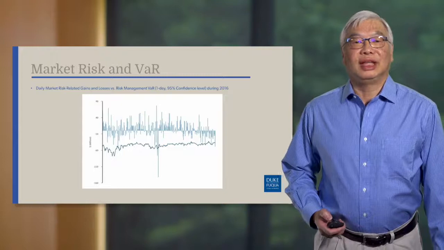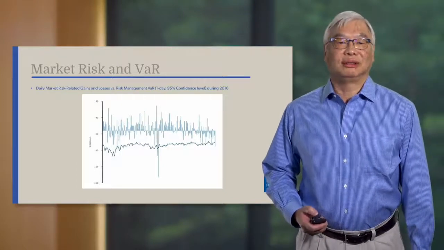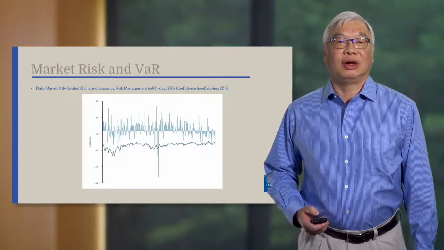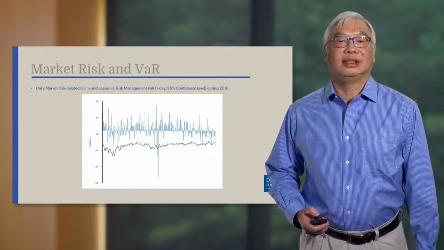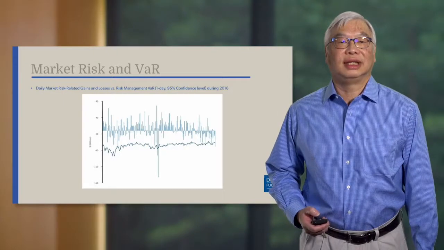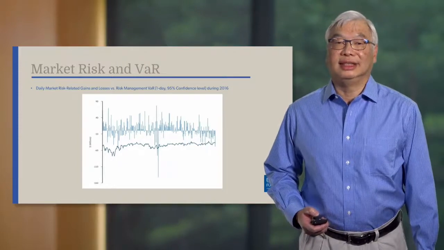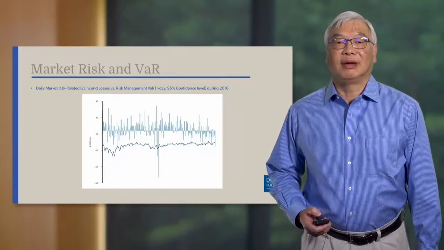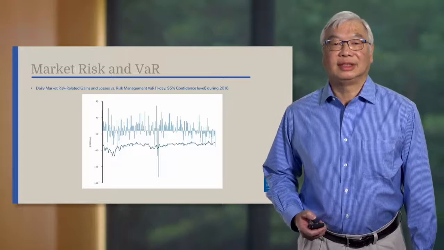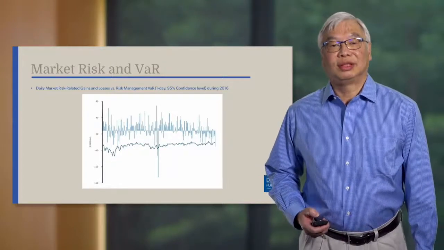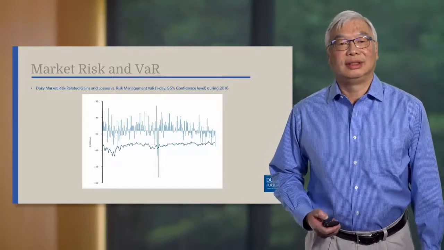JP Morgan uses a graph to show their market risk. Each bar on this graph represents gains and losses of the assets that are related to market risk in a given day in 2016. The gains are bars above the horizontal axis, and the losses are bars below the horizontal axis.